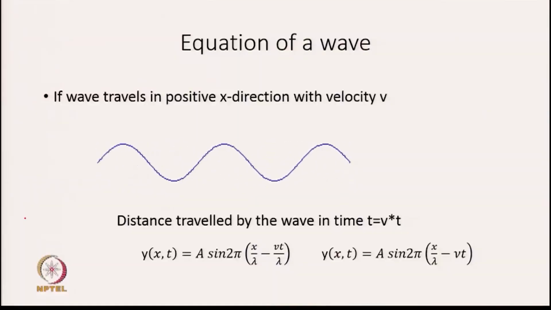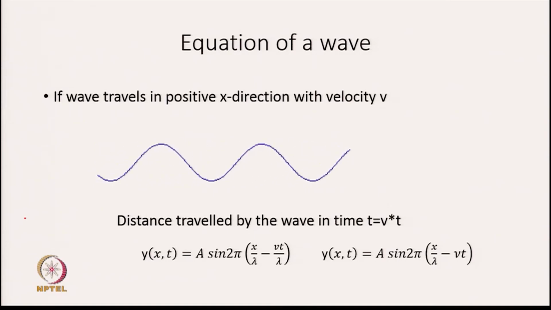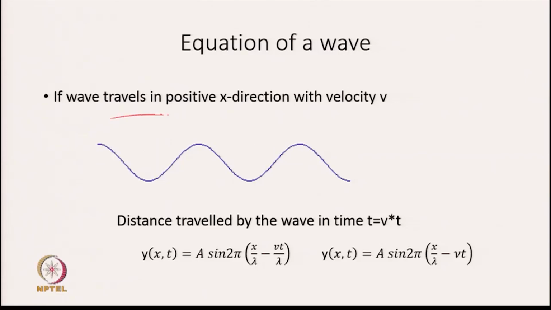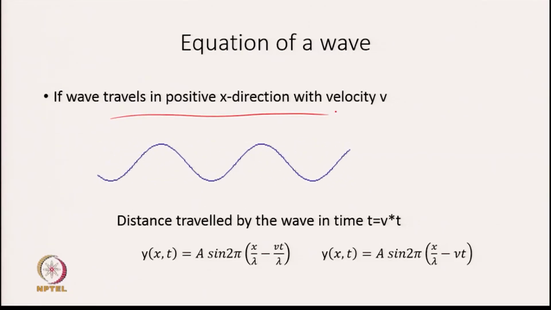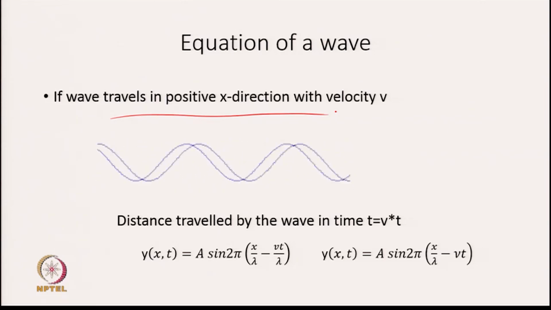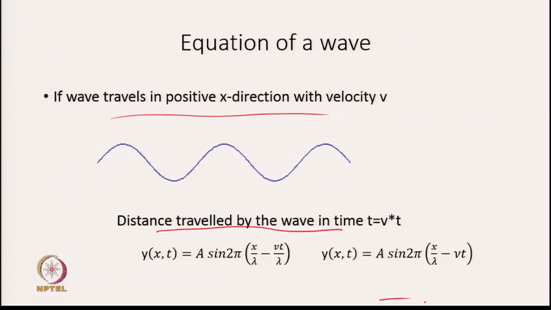Till now we have looked at the equation of a wave which is standing or stationary. But suppose the wave travels in the positive x direction with velocity v. Then the distance travelled by the wave in the x direction will be v into t.